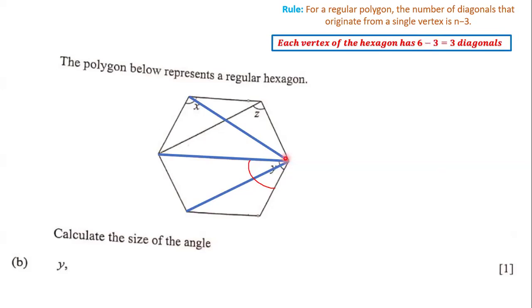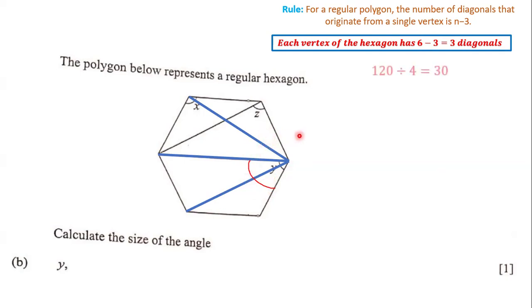Now, we need to determine the measure of each of these little spaces. So how much do they measure? We know that the full thing is going to be 120 degrees because that's an interior angle. But how many spaces do we have? We have 1, 2, 3, 4 spaces.